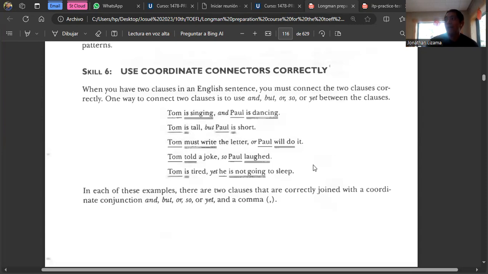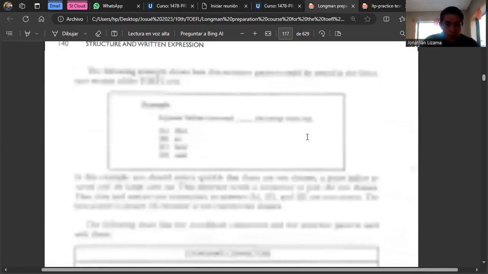For example, I like to play basketball, and I also like playing any other sport. But you notice that you have a comma and you have a coordinating connector right there. Exactly right there.